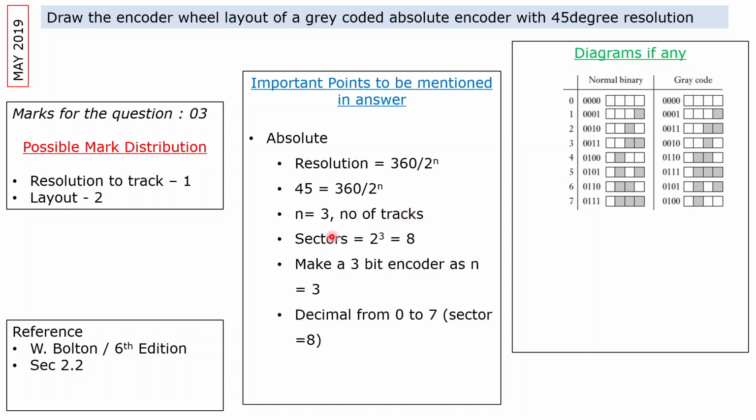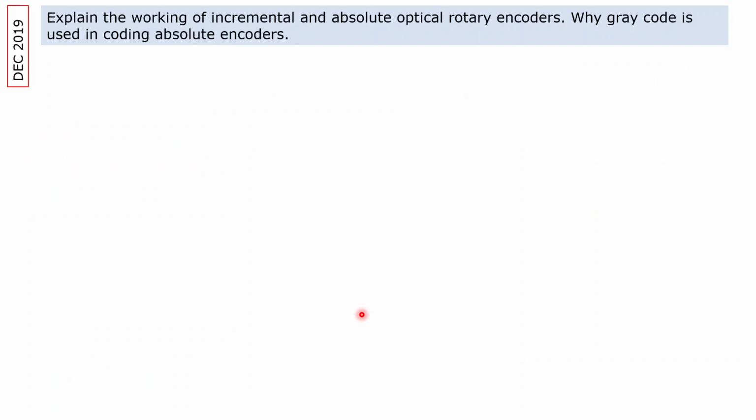That is the number of tracks, and the sectors will be 2 cubed, which equals 8. So you can make a 3-bit encoder as n equals 3. You first convert from decimal to binary, and then from binary to gray code, using XOR (exclusive OR) logic.